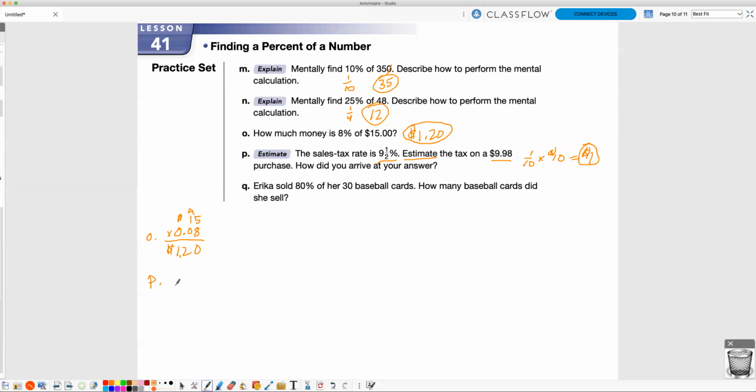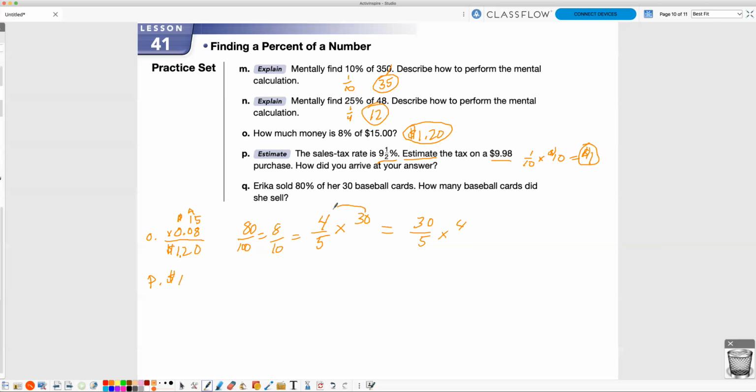Letter Q. Erica sold 80% of her 30 baseball cards. How many cards did she sell? So 80%, if I remember from one of my examples there, was 4/5. And if I don't remember, I know that it was 80 over 100. That could be reduced to 8/10, and 8/10 could be reduced to 4/5. So 4/5 times 30, that could be translated into this, 30 over 5 times 4.